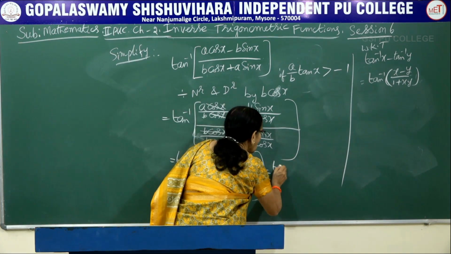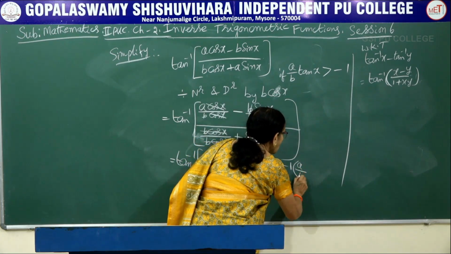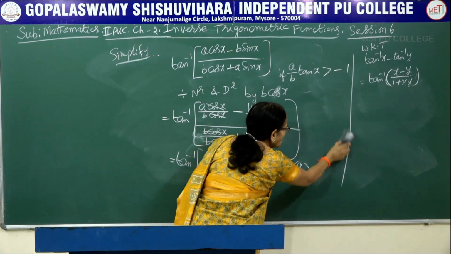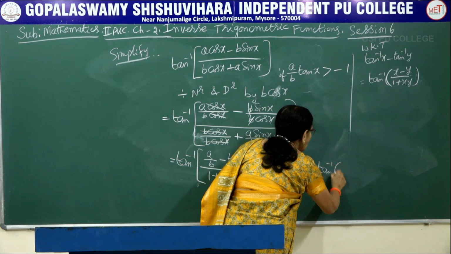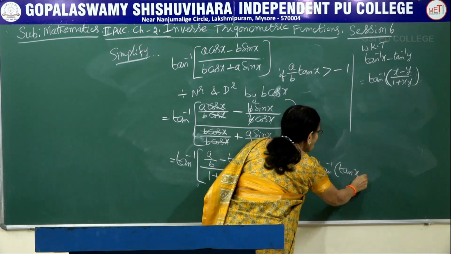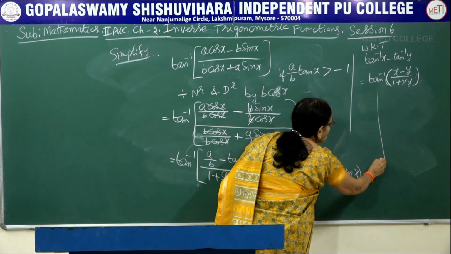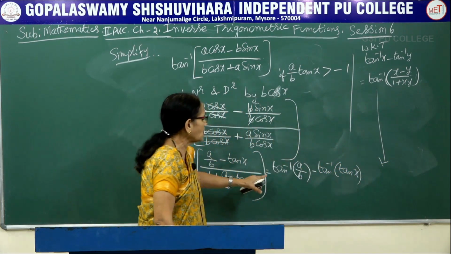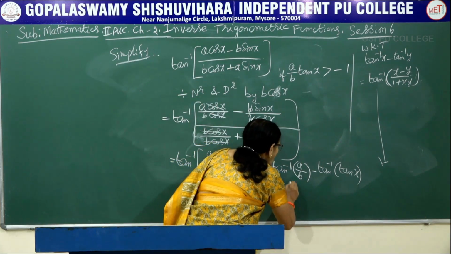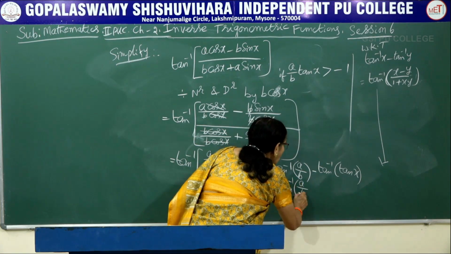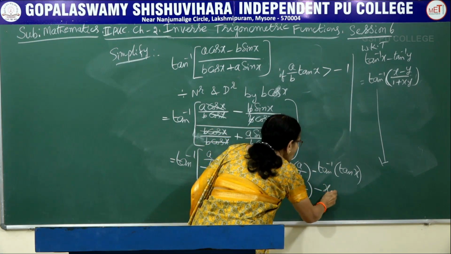You can write it as tan inverse of the first term a by b, minus tan inverse of tan x, using this result. As soon as you use a result, you quote it in this column. Now tan inverse of a by b, you cannot do any simplification there, so write it as it is. Tan inverse of a by b, and here again tan inverse of tan x becomes x.